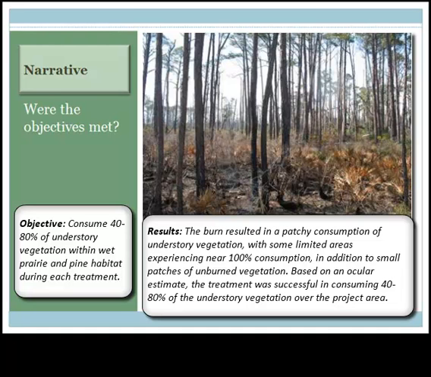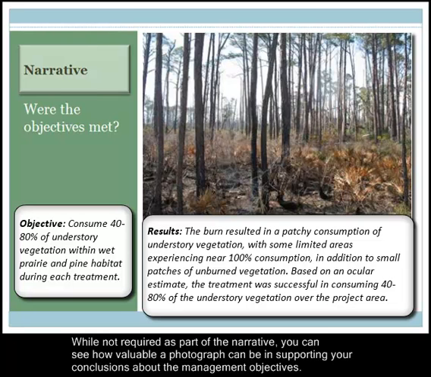Based on an ocular estimate, the treatment was successful in consuming 40 to 80% of the understory vegetation over the project area. While not required as part of the narrative, you can see how valuable a photograph can be in supporting your conclusions about the management objectives.